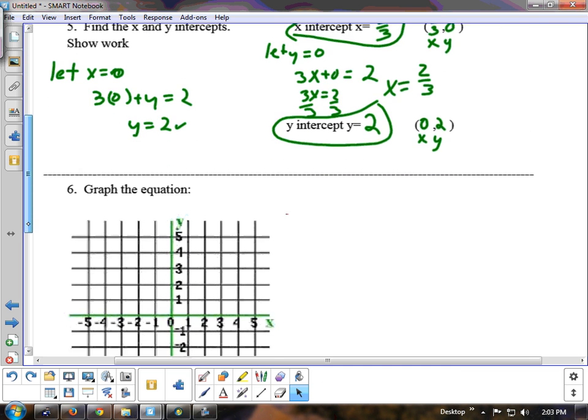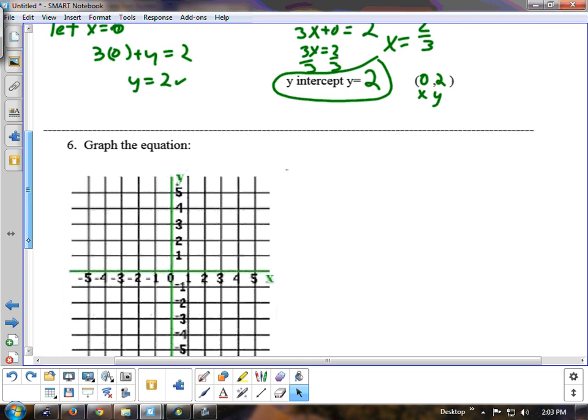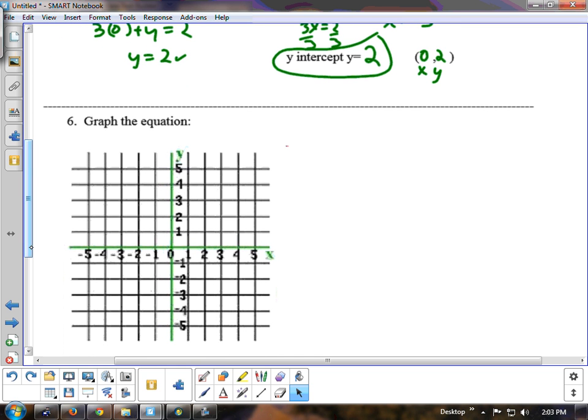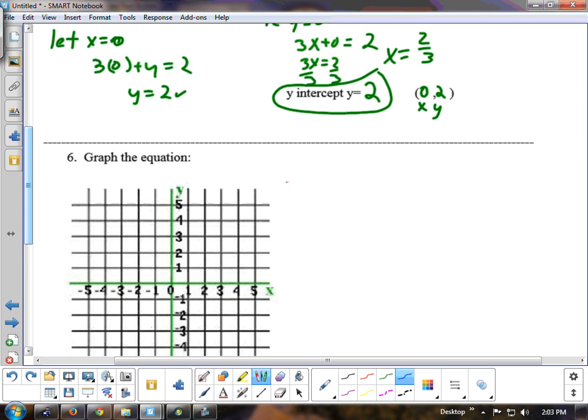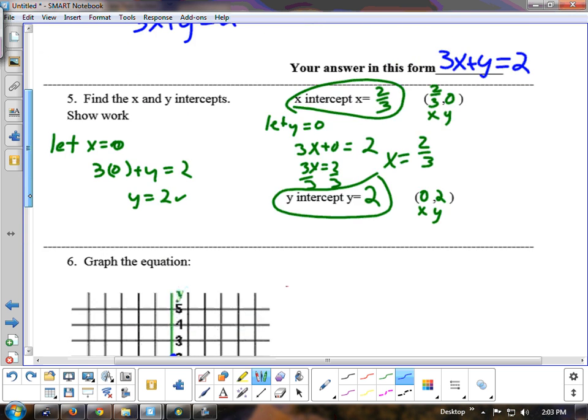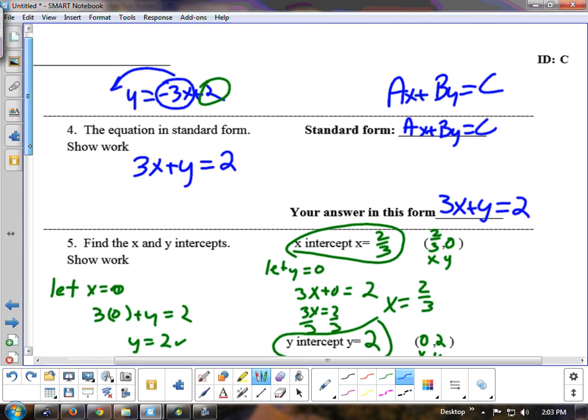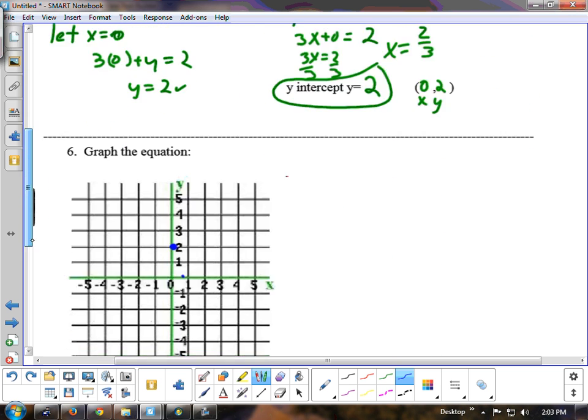Graph the equation. Now, you've got to be careful here because the y-intercept's easy. It's right here, 2. But the x-intercept should be at 2/3, somewhere here. That's going to be a tough one to figure out. So let's use the slope-intercept form, y equals negative 3x plus 2.